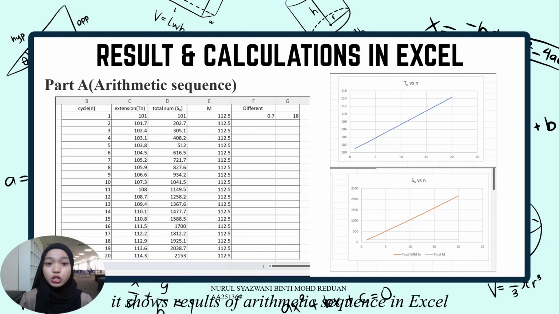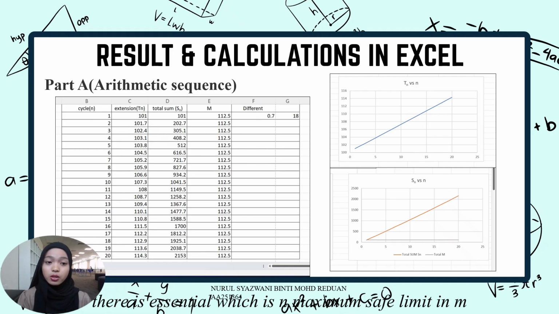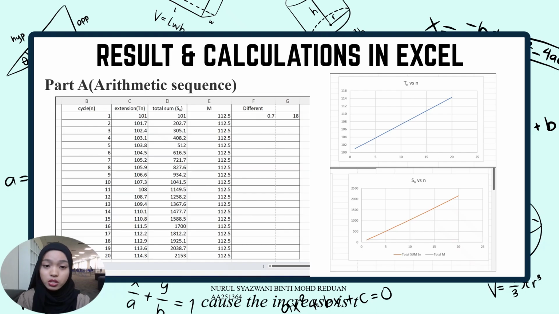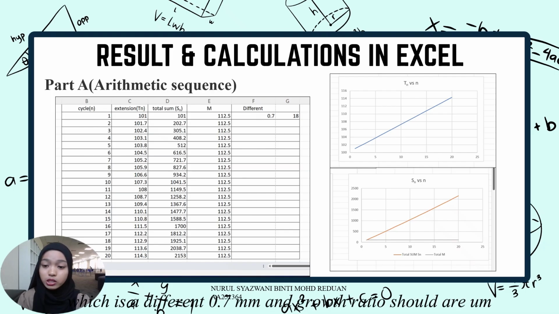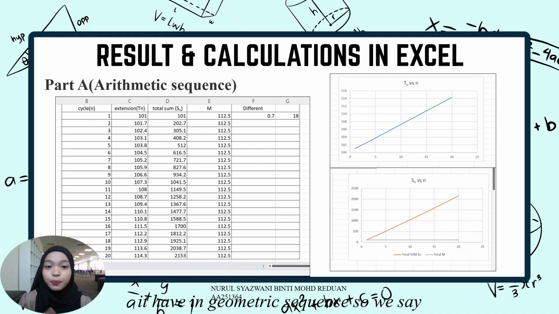On this slide, it shows the results of the arithmetic sequence in Excel. There is n, the maximum safe limit M, the constant increase d, which is 0.7 mm, and the growth ratio r. The growth ratio doesn't exist in the arithmetic sequence; it is in the geometric sequence.